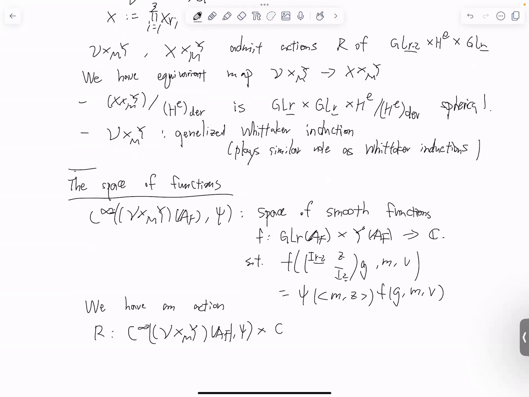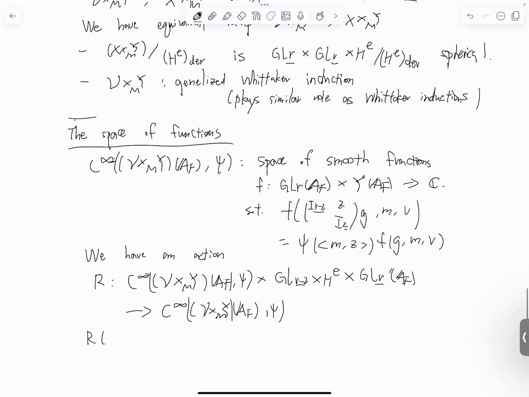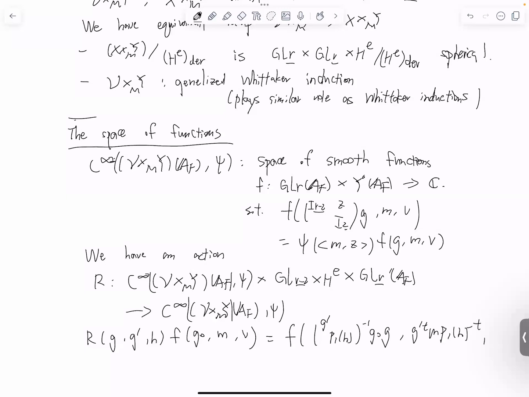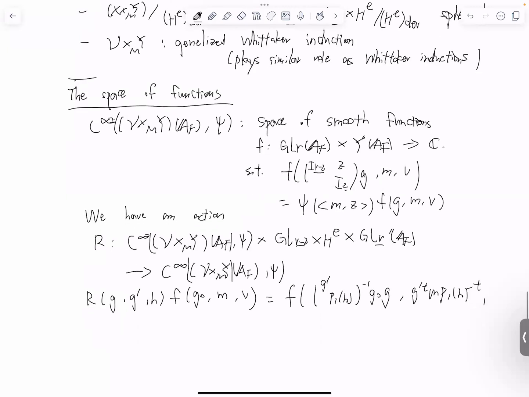So the action is also given by this product of groups R minus 2 cross HE cross JR, acting on the space of smooth functions Y cross V cross Y AF, where this action is given by G prime H acting on F G naught M V to be F G prime P1 H inverse G naught G prime inverse M P1 H, which is adapting some group actions on the spaces B P2H.